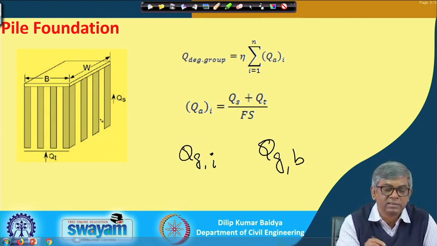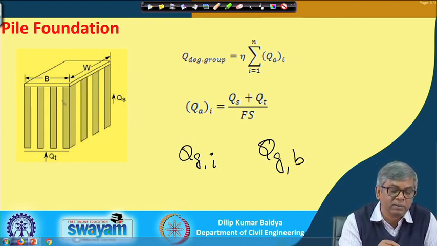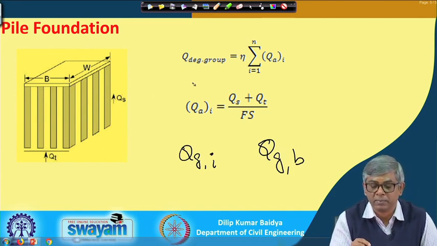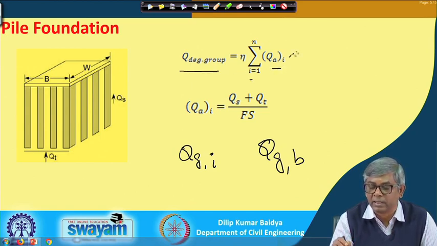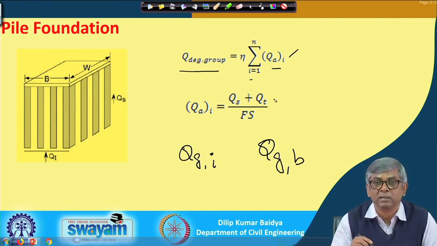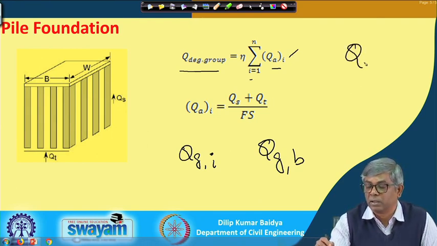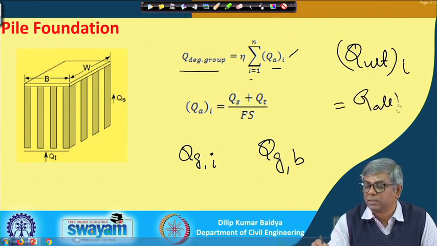These two ways can be estimated. So, here there is a pile group, and you can see the B and W shown. From here, Q design of the group will be efficiency times the summation from I equals 1 to n of Q A I. Q A I means what? You will get Q ultimate I and Q allowable I. That means you have to divide by the factor of safety.